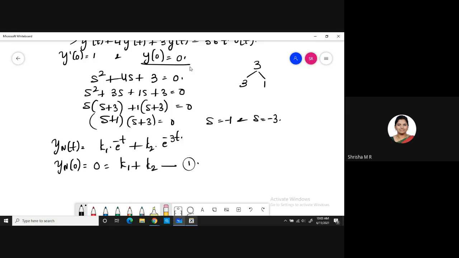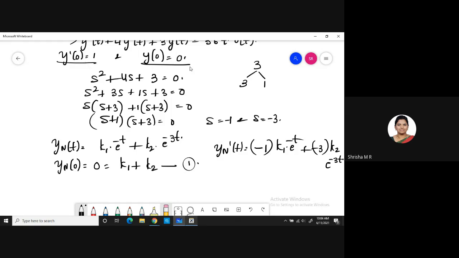Then next you find the first derivative of this. yn dash of t would be equal to -1 into k1 into e power minus t plus -3 into k2 into e power minus 3t. This is your first differentiation of yn of t. So y dash of 0 is equal to 1.